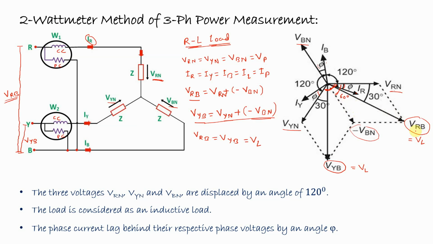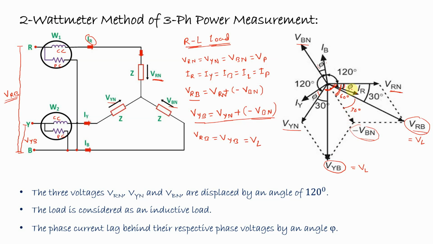And the resultant of these two voltages, VRN and minus VBN, which is VRB, this phasor will also divide this angle into equal parts. That means the angle between VRN and VRB will be equal to 30 degrees, and this will also be 30 degrees.